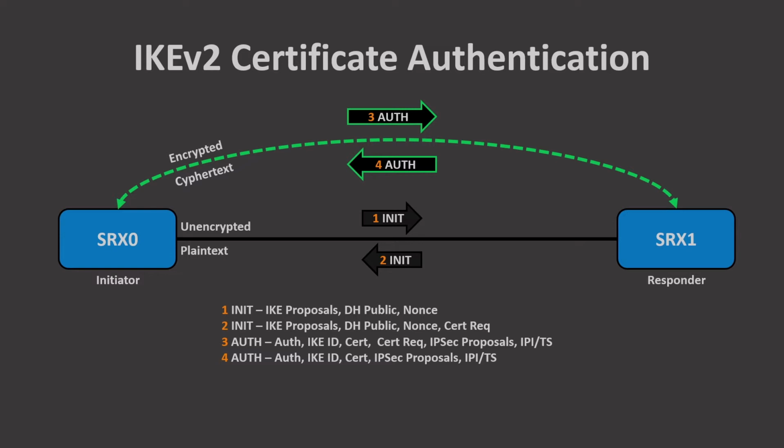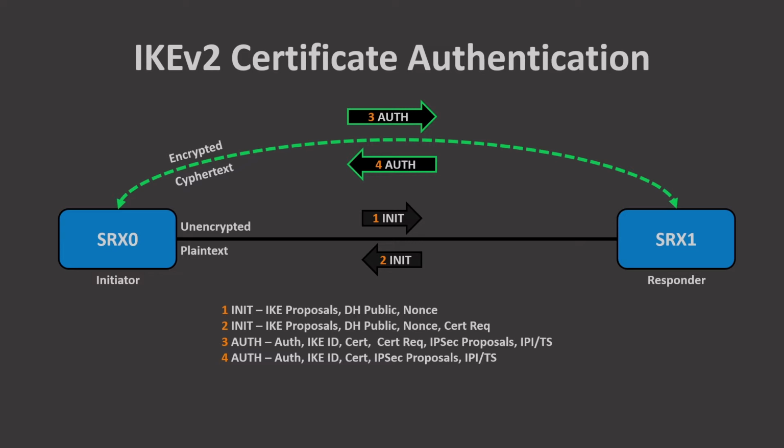Once that happens, SRX1 has authenticated SRX0, and so SRX1 sends his auth packet towards SRX0. That's packet number 4. And SRX0 does all the same stuff we just talked about, but against SRX1. So SRX1 sends his auth block, his IKE ID, his cert, his IPSec proposals, and his traffic selectors.